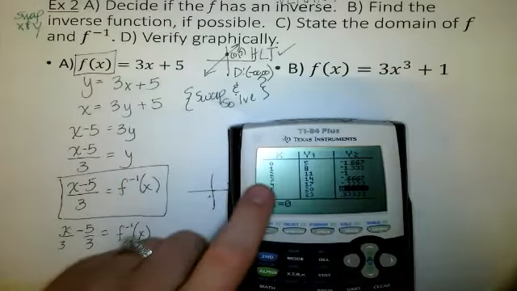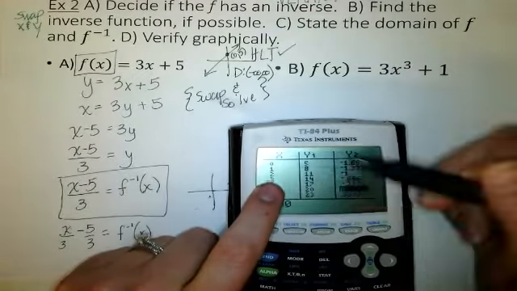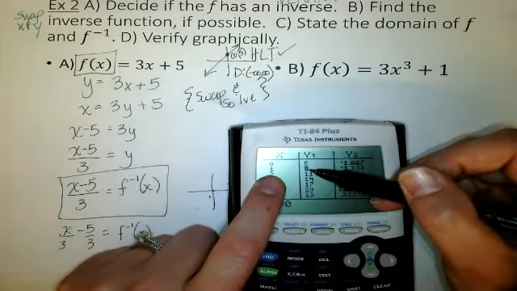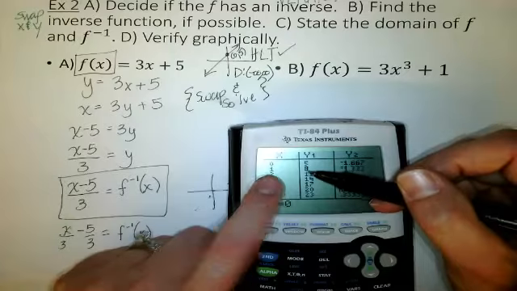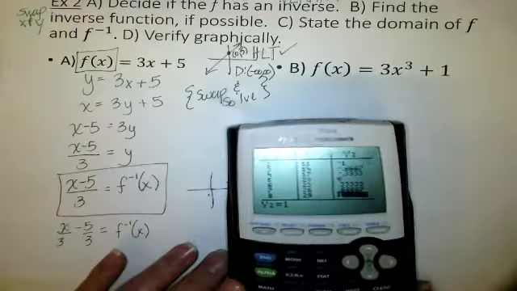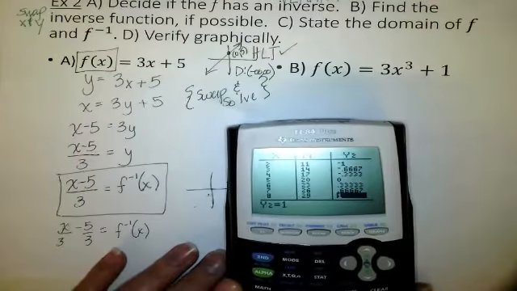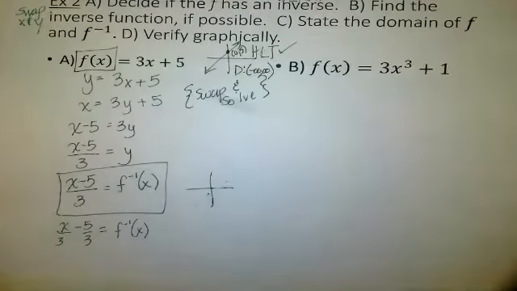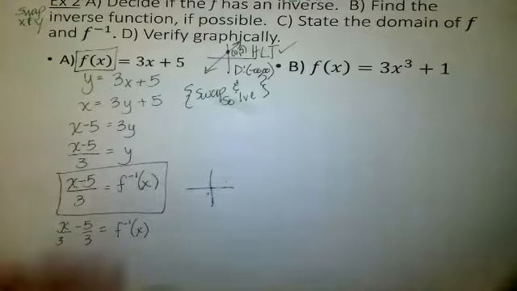All right. So I have this ordered pair 1, 8. What ordered pair should I expect to see? 8, 1. And so if I go down to 8, and there it is, 8, 1. Okay, and so it's kind of interesting how you can see and verify graphically that you did have inverses. So you'll be able to see those different ordered pairs.